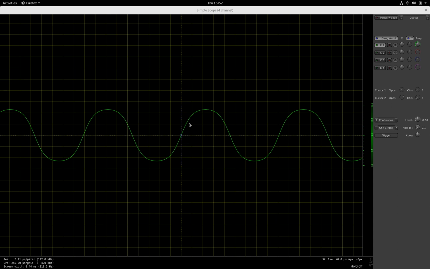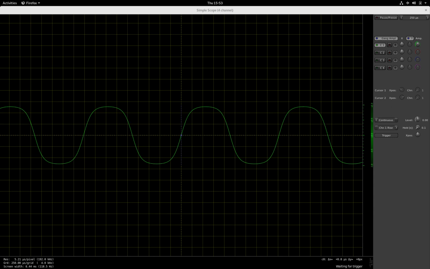So you can see that the signal is basically extended in this area. The sinusoid has a lower slope at the zero crossing, but it goes higher. It doesn't flatten off like this. And as we continue to increase the gain, you will see that this effect gets more and more pronounced.